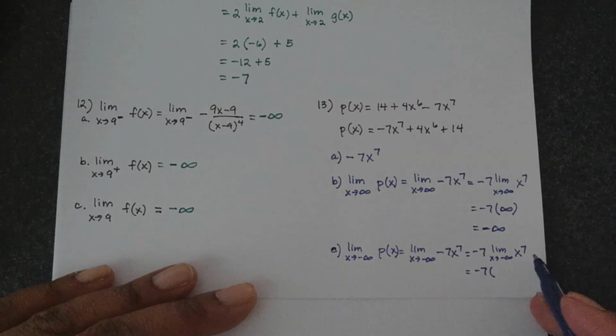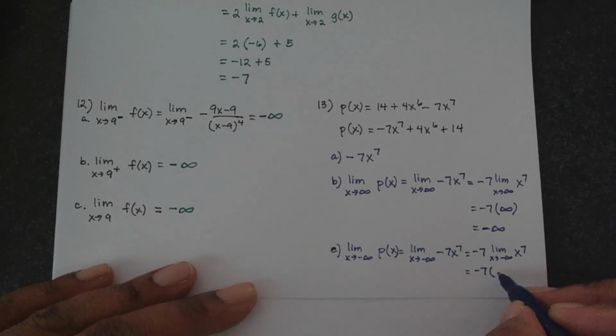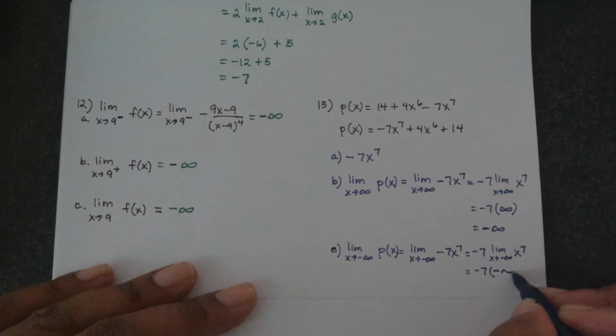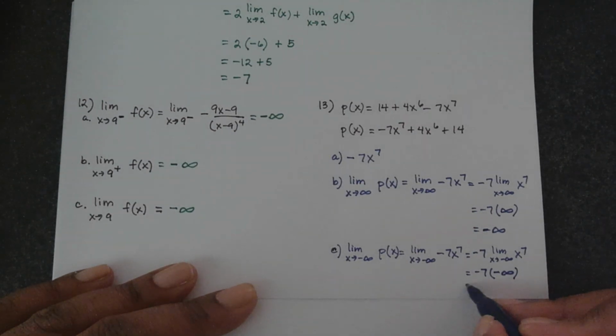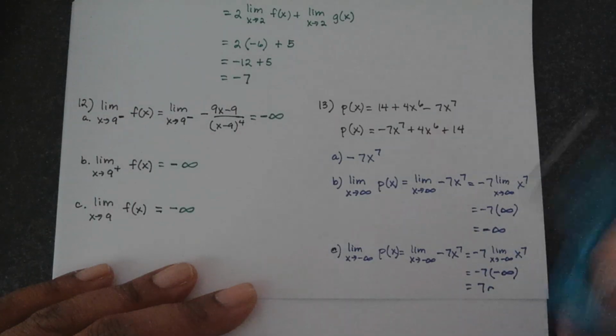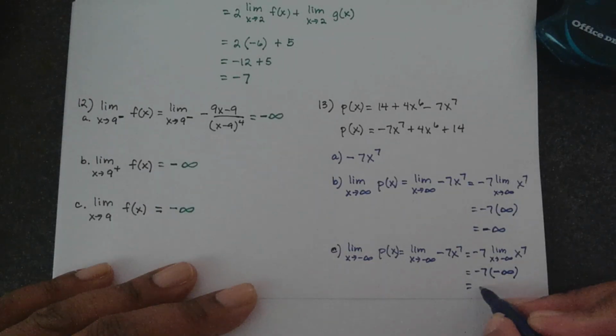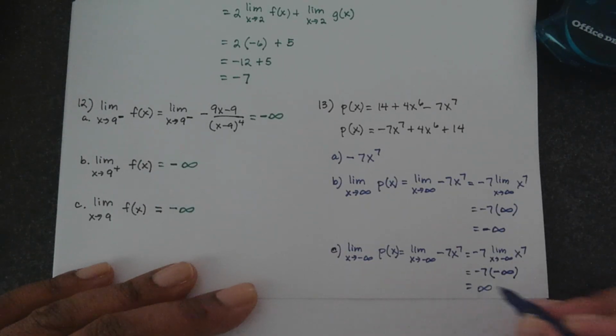Now, where do you think x to the 7th will be going as we let x approach negative infinity? Positive infinity, negative infinity? This time it's negative infinity. And then negative times a negative will be positive. So in this case, 7 times infinity, it's just going to go to infinity.